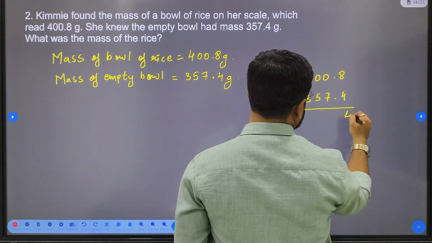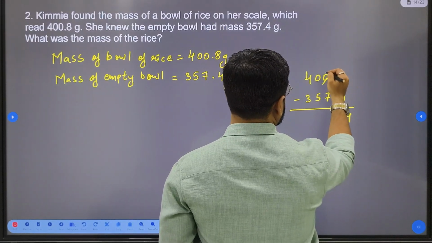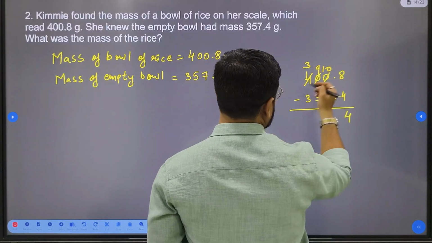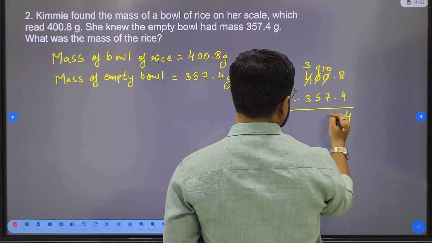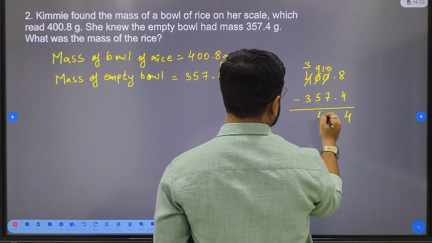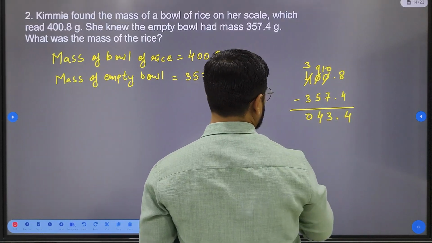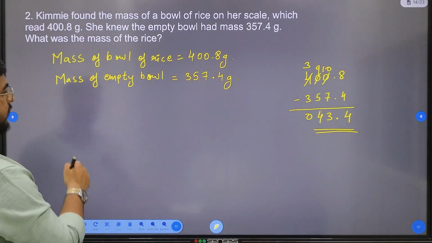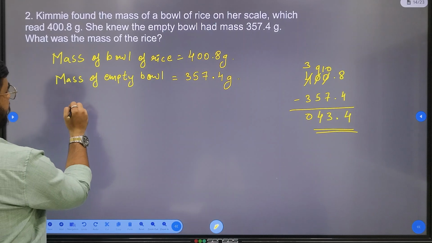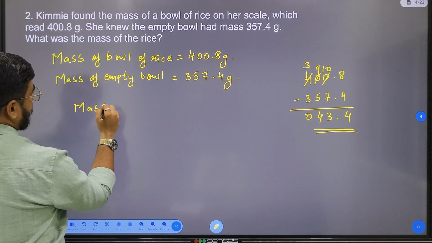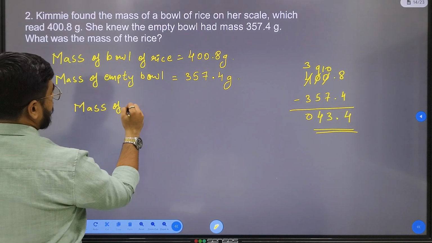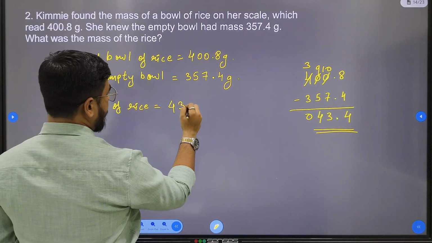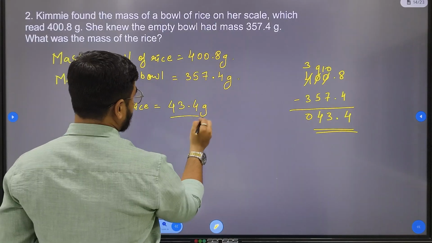So 8 minus 4 is 4. This is 10. This is 9. This is 3. 10 minus 7 is 3. 9 minus 5 is 4. 3 minus 3 is 0. So the mass of rice is 43.4 grams. Mass of rice is equal to 43.4 grams.